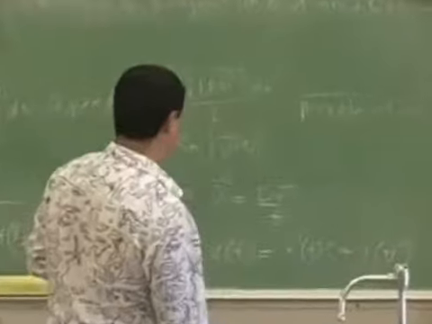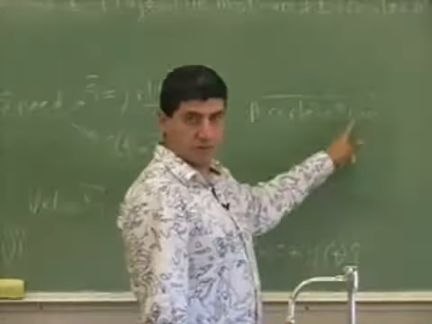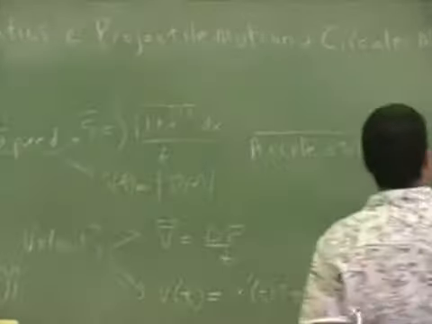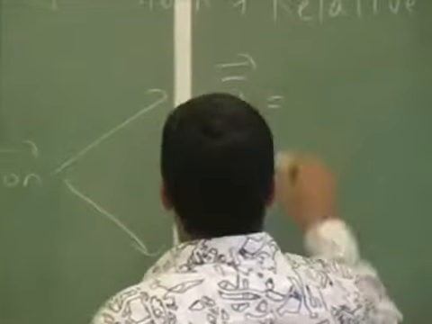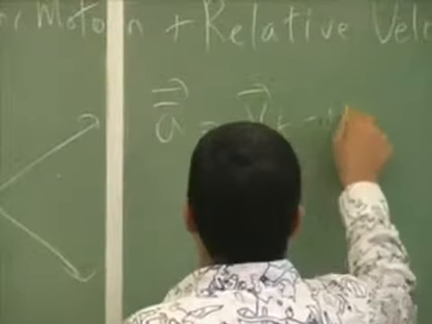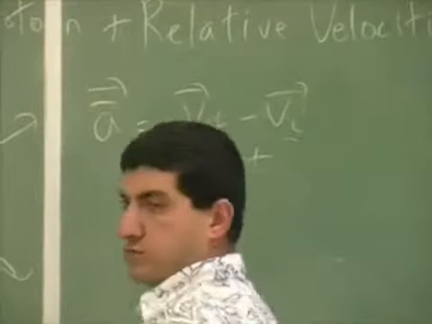And then the acceleration, that one also has two. Average acceleration is v final minus v initial over t.